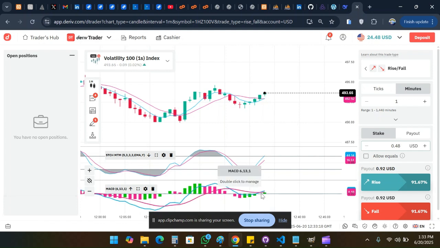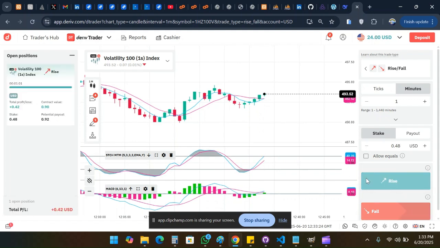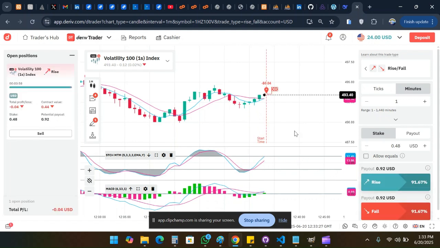You see now we have a cross above here. The MACD has crossed above. I can easily buy now, because the MACD has crossed above, the blue line has crossed above, and the stochastic has already crossed above. The moving average blue line is about to cross above.